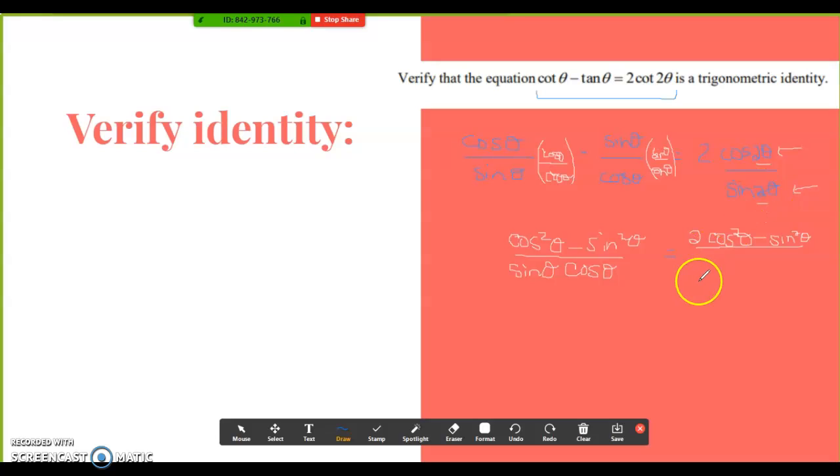Double angle formula for sine, we know that's just 2 times sine of theta cosine of theta. And now I'm pretty good. I'm set. I know the left will look like the right because the 2's cancel, right? And then I'm left with the same thing on the right and left. I verified this. We can move on.